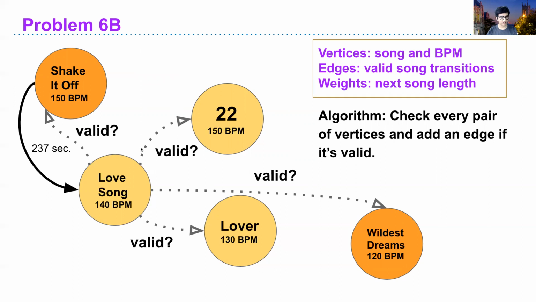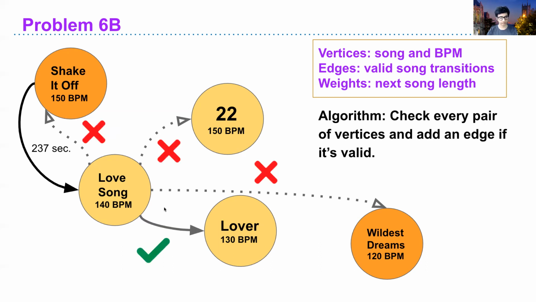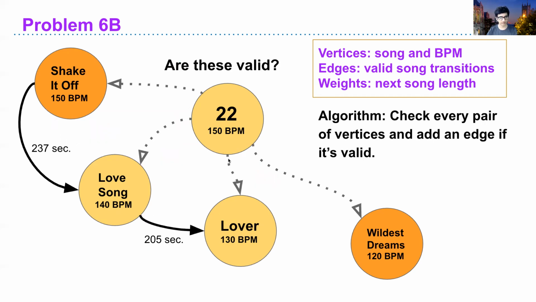So we do this for every pair in the graph. We check every pair of vertices and add an edge if it's valid. And remember that our definition of valid here is that the BPM does not differ by more than 10. So this one's valid and all of these are not valid.